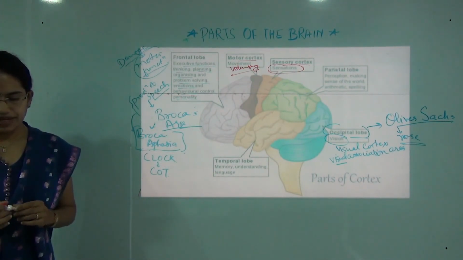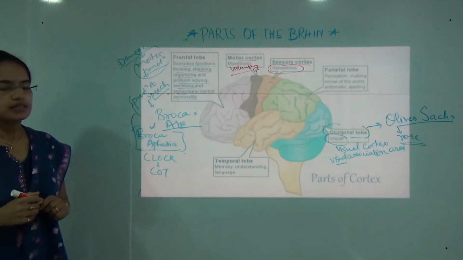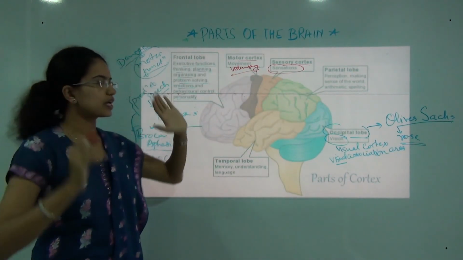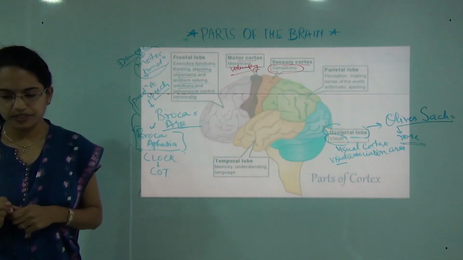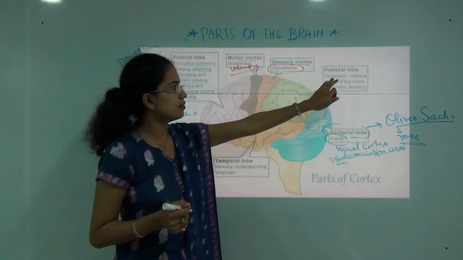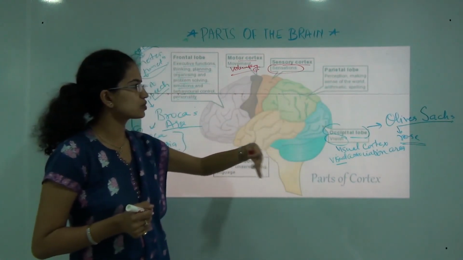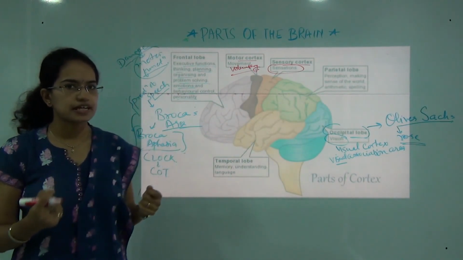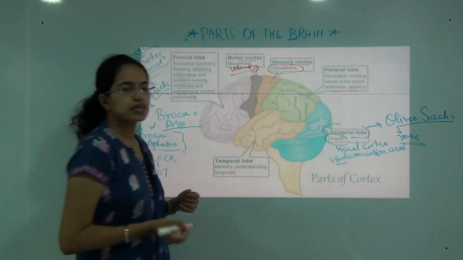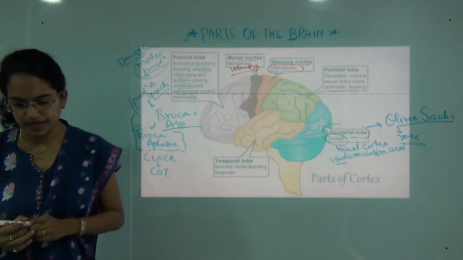The next is the parietal lobe, which we said is somewhere here. It's a kind of somatosensory cortex. So it deals with perception, making sense of the world around, trying to solve arithmetic or mathematical problems, and focusing on spellings. That is the main function of the parietal lobe.